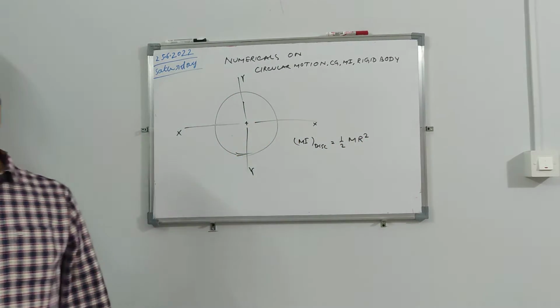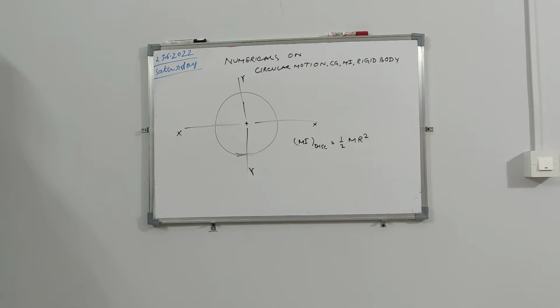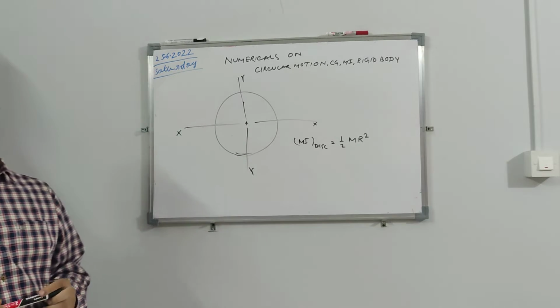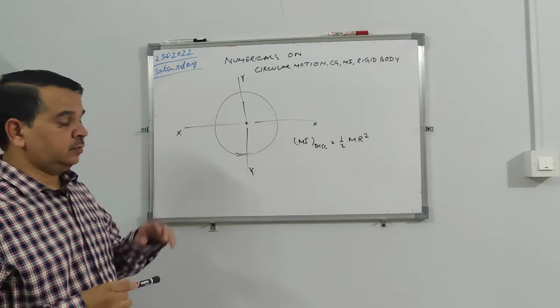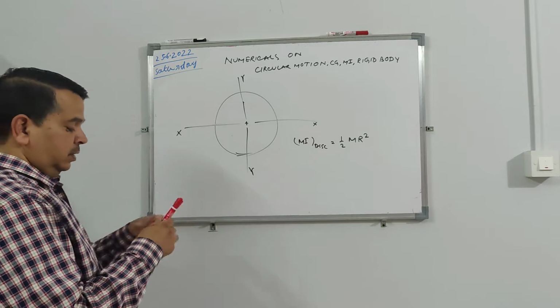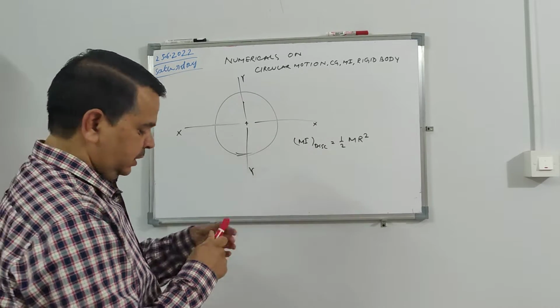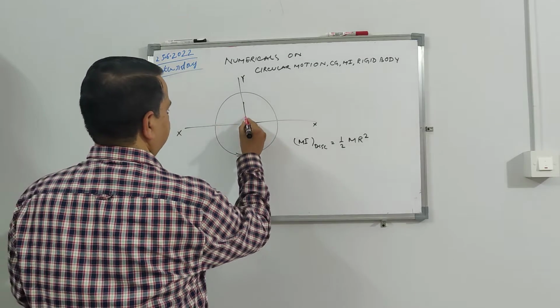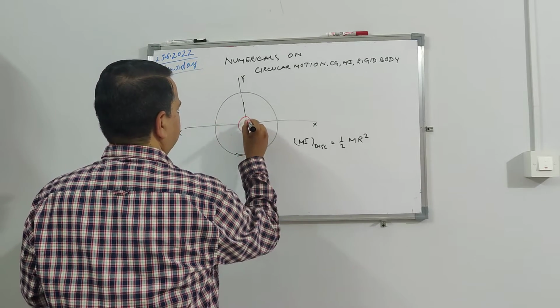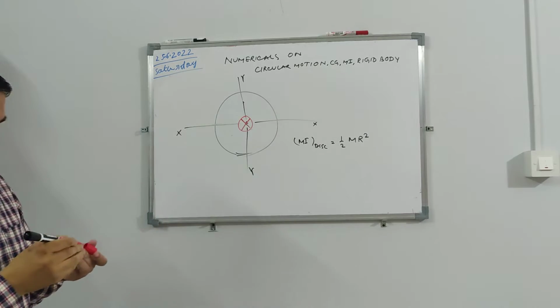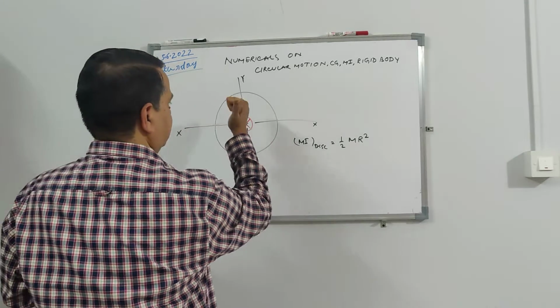I was telling that it is about the diameter, but actually that is not the case. It is not about the diameter, but about the z axis, the axis perpendicular to the plane of the disk. If you look at x and y, the z axis will be outward.